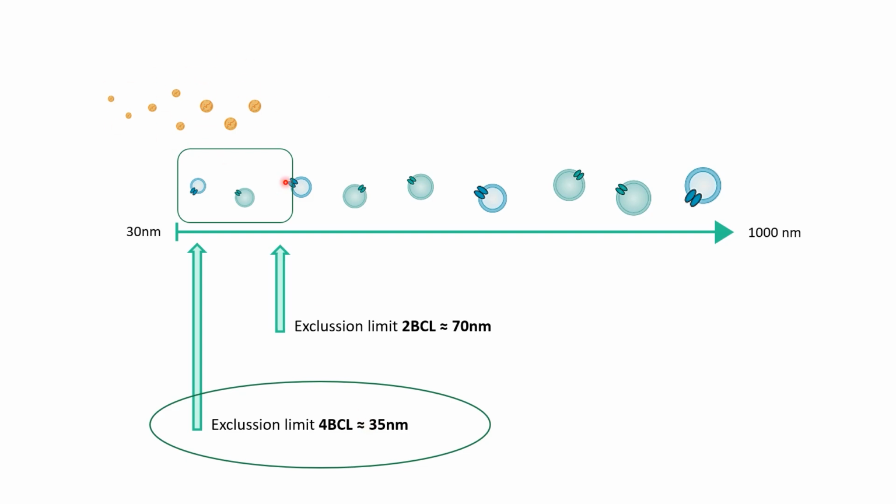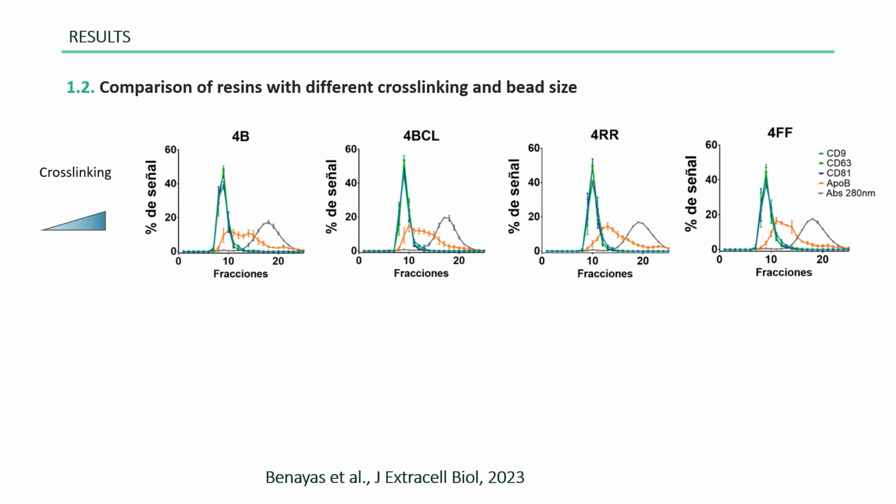So we decided to play around with the other characteristics of the resins to see if we could improve this, but focusing on 4% resins. Okay, so we first changed the cross-linking of the beads, so we have different resins with different cross-linking, and as you can see, the graphs don't change much when we mess around with cross-linking.